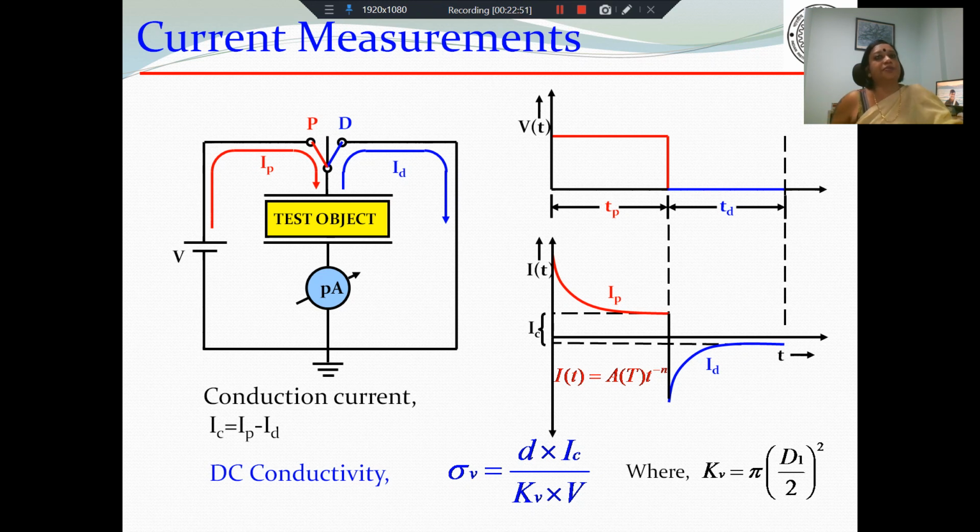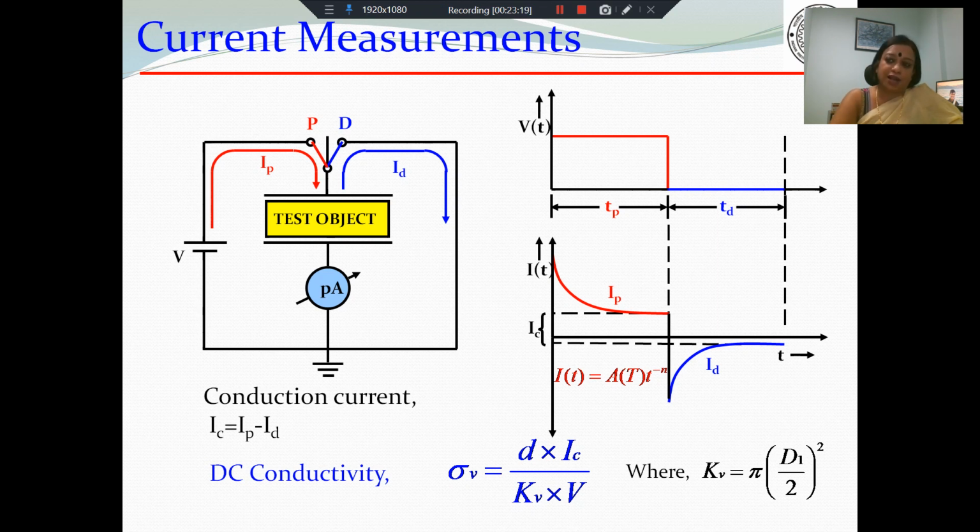All this gives us important insights into the kind of charge conduction that is happening during the polarization and the depolarization current. And this process of estimating the polarization mechanisms in a sample through time domain measurements of polarization current and depolarization current is called time domain spectroscopy.